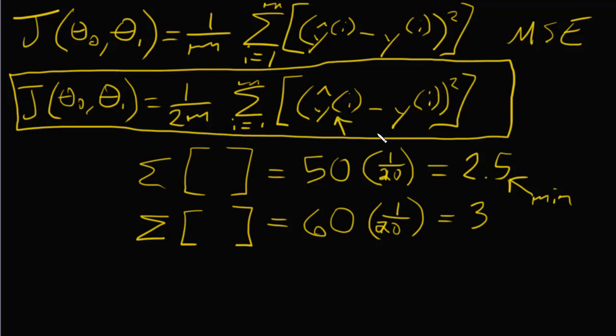Alrighty, so let me clear the space. We're going to start off with saying that my y hat i, well, that is the predicted value of y from the equation, right?